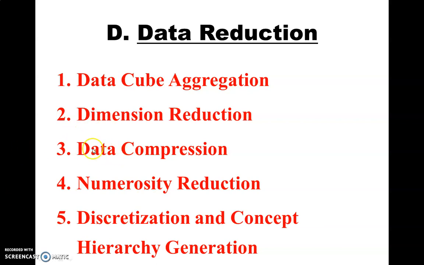In data compression, redundant attributes are detected and removed, which reduces the data set size. Here we have the same example, the date of birth and age example.